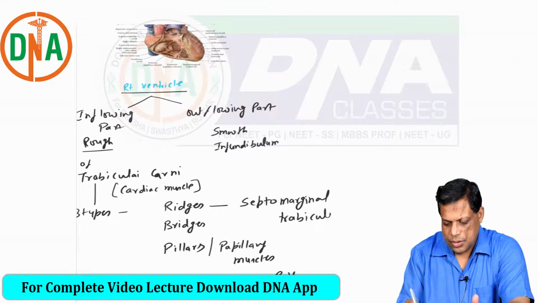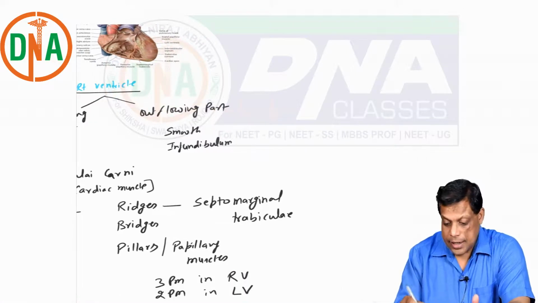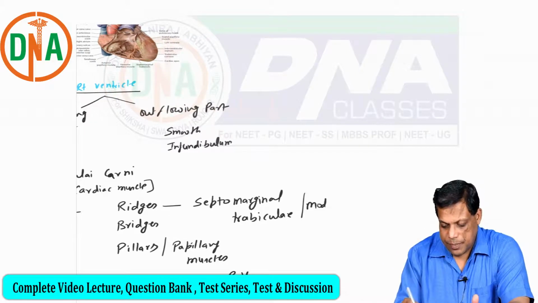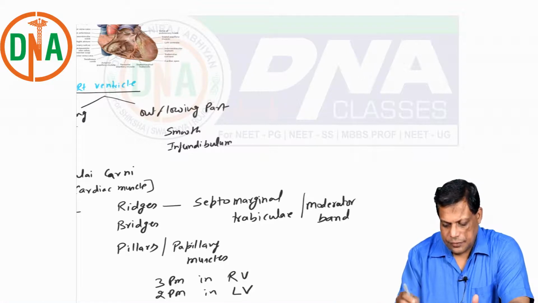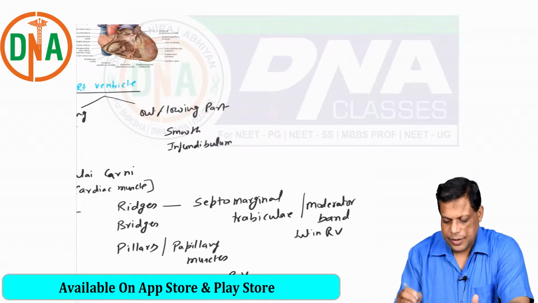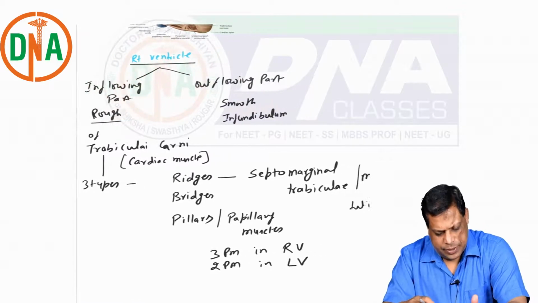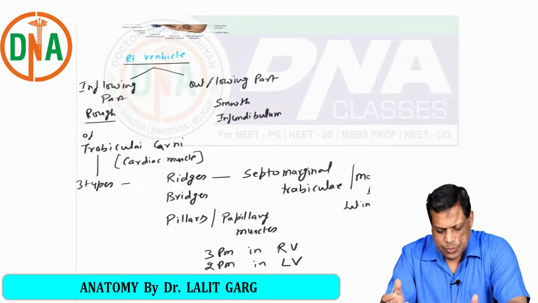Septomarginal trabeculae, this is the ridge, also called the moderator band, and it is a feature of the right ventricle. So in both the ventricles, trabeculae carneae are present. There are three types: ridges, bridges and pillars.